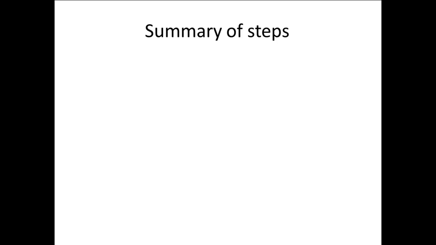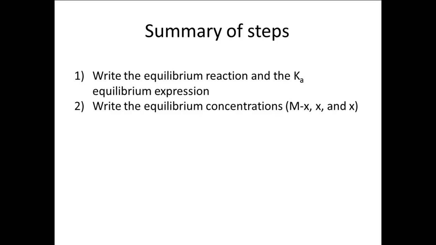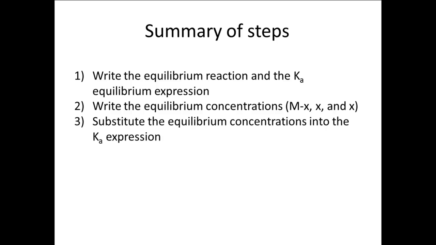So here is a summary of the steps to solving a problem like this. 1. Write the equilibrium reaction and the Ka equilibrium expression. 2. Write the equilibrium concentrations, M minus X for the acid, X for H plus, and X for A minus. 3.